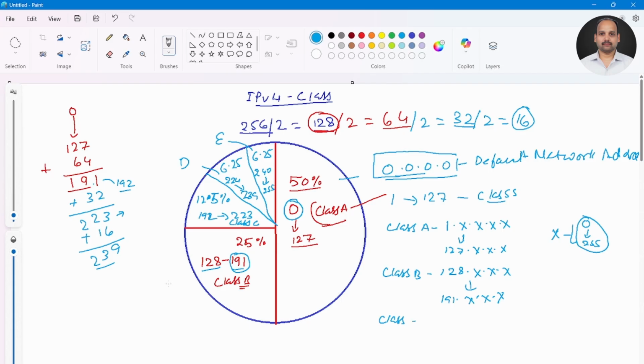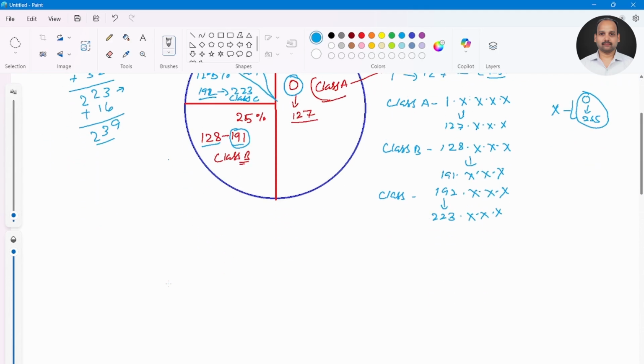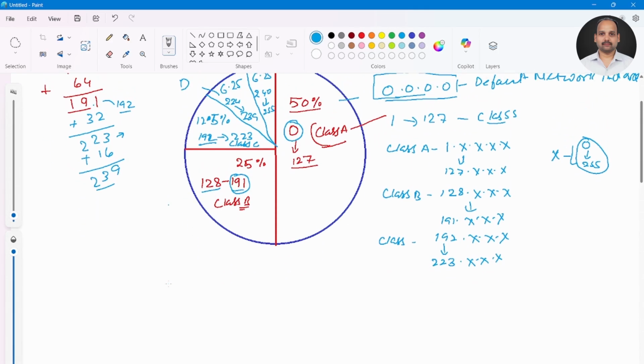And class C: if I talk about class C, my range will start from 192.x.x.x to 223.x.x.x.